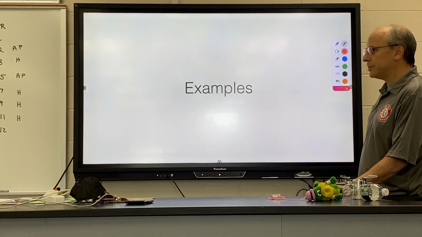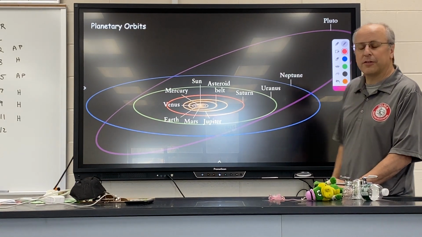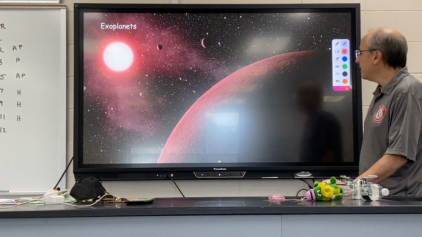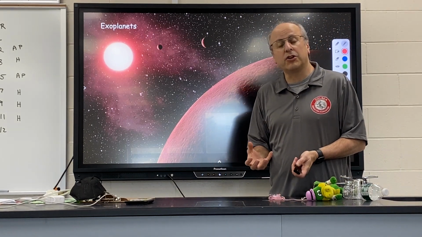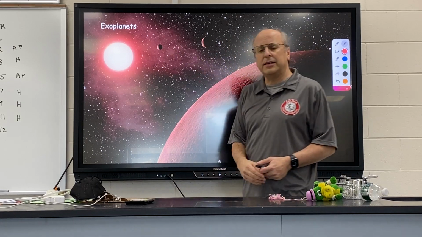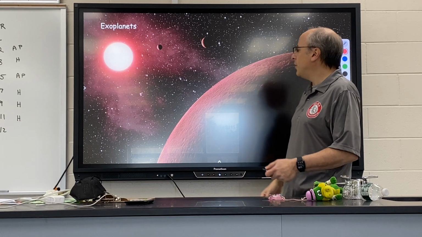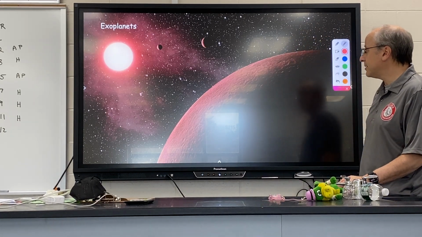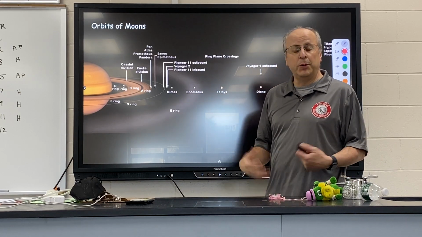Some examples of orbital motion include things like the path of planets. When we are looking at exoplanets, planets around other stars, we're going to use these ideas to figure out whether or not these planets are in the habitable zone and what life would be like on those exoplanets. We'll use it to figure out orbits of moons.